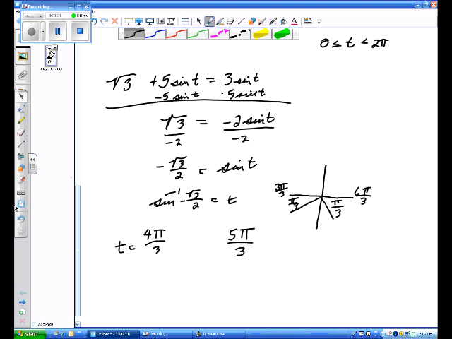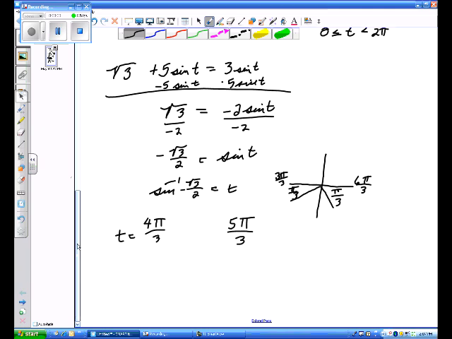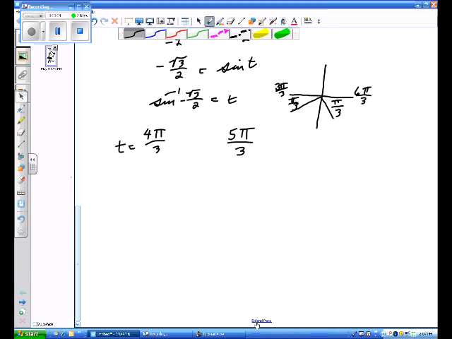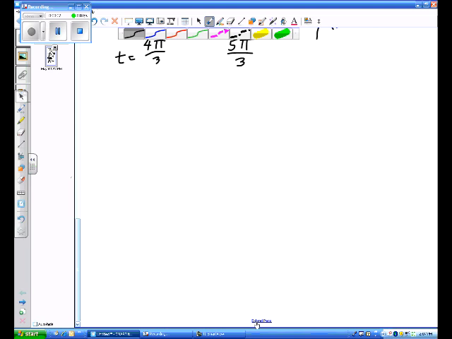Okay, let's look at this problem. Three sine t plus 5 equals negative 2 sine t.